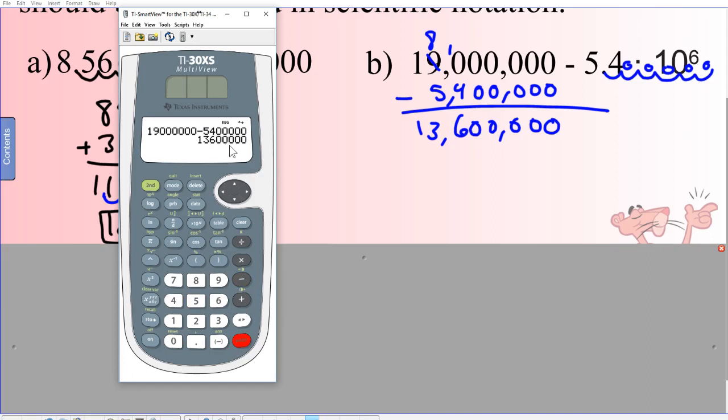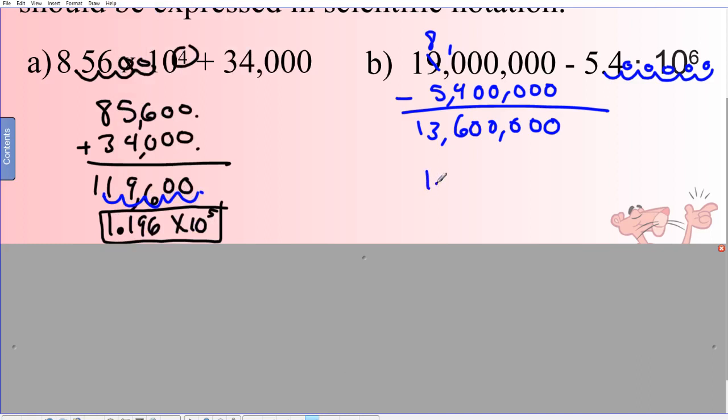Okay, so yeah, I got it right. And then we change it back into scientific notation. So this becomes 1.36 times 10 to what power? Well, from here to here, we're going to go 1, 2, 3, 4, 5, 6, 7 places.